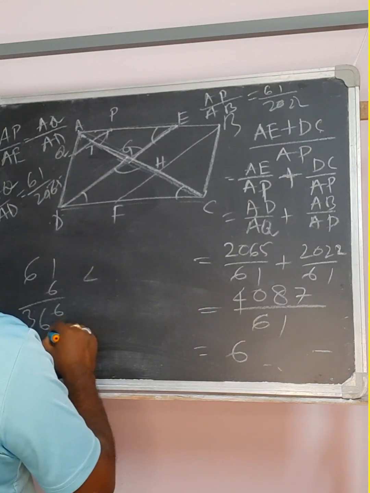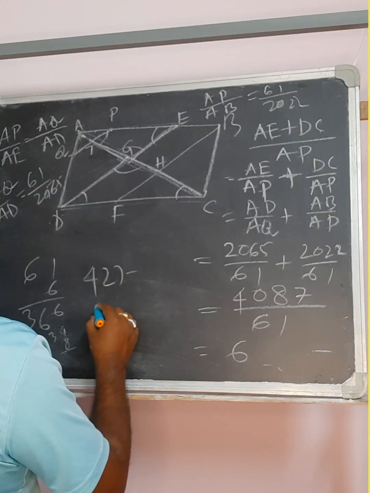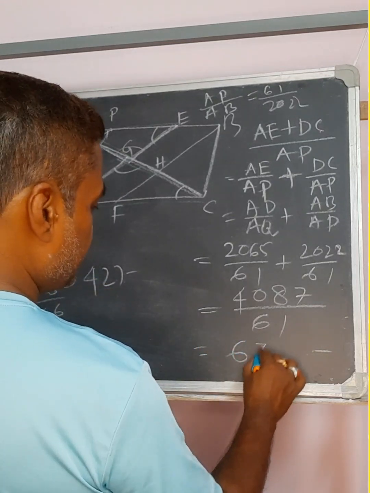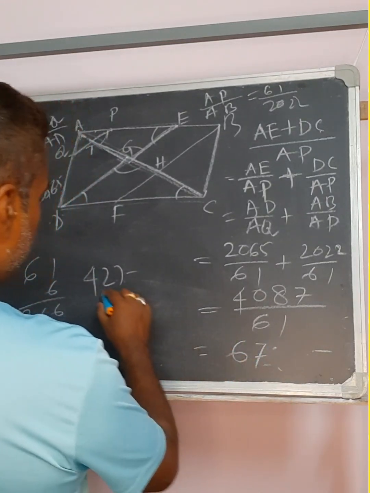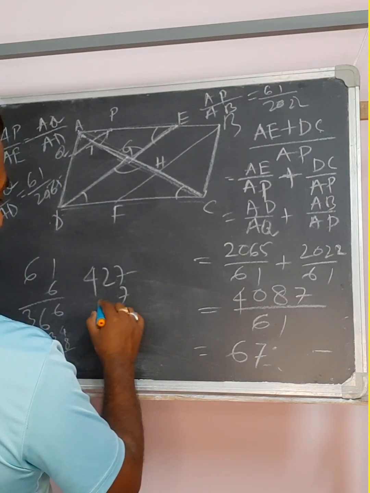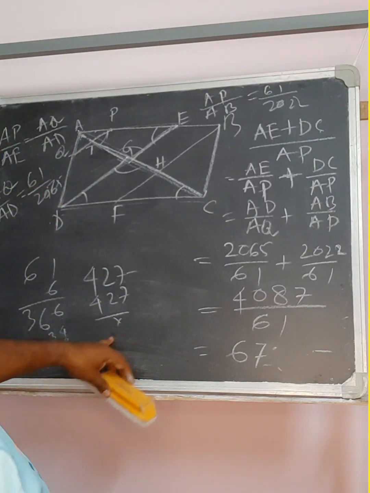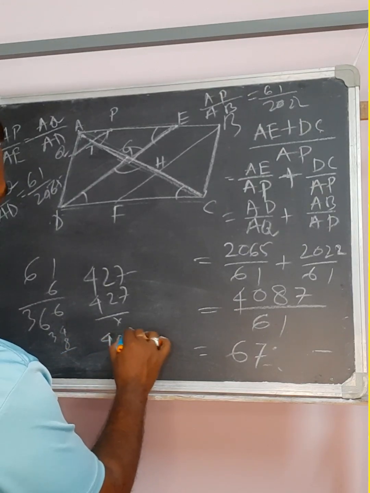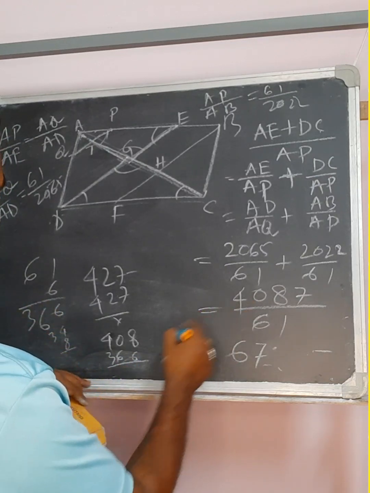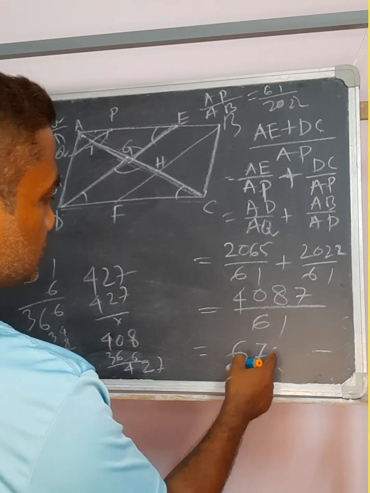It will be almost 7 times 67. 408 minus 366, how much will it give? 42, so 7.